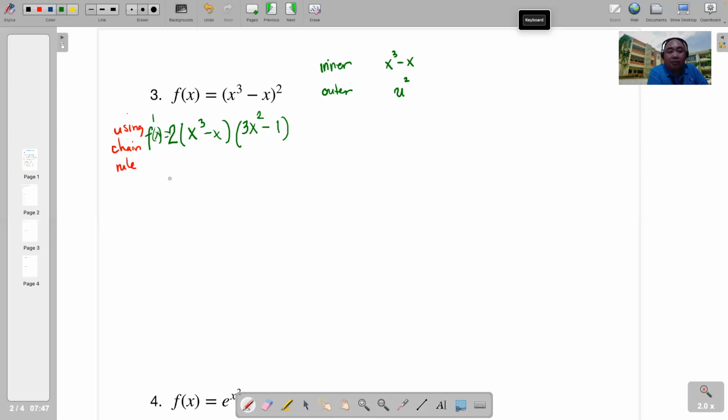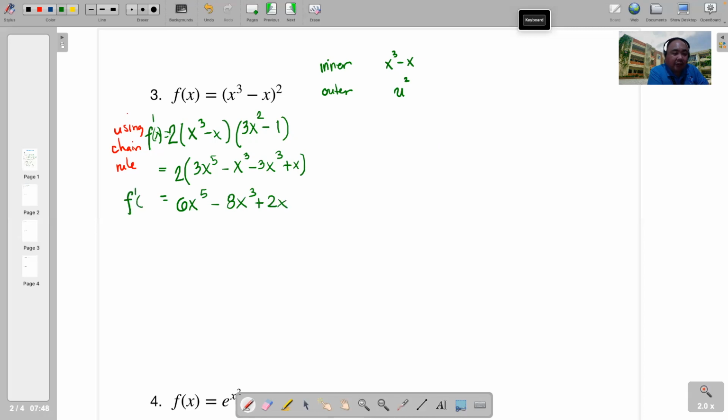Now to simplify, this is going to become 2 times 3x to the 5th minus x cubed minus 3x cubed plus x, or this is 6x to the fifth minus 8x cubed plus 2x.